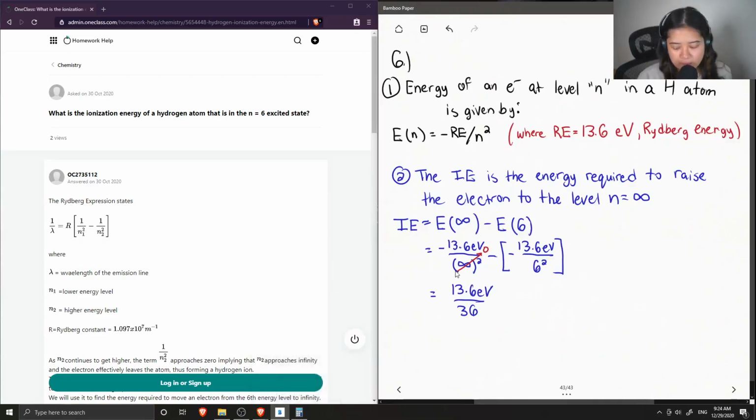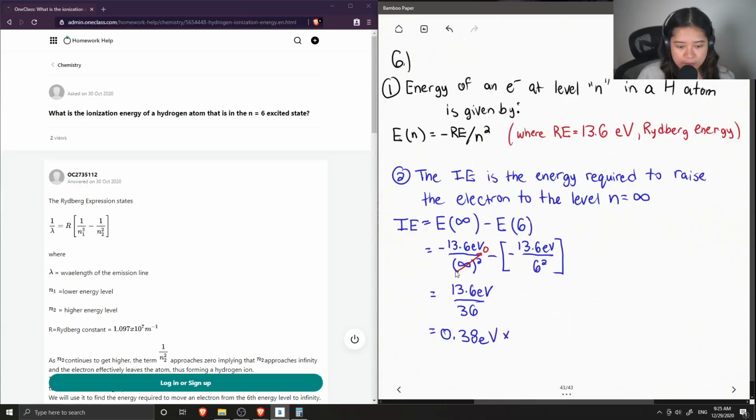0.3777. So I'm just going to say 0.38 eV. And typically the ionization energy is given in joules, so I'm just going to convert eV to joules.